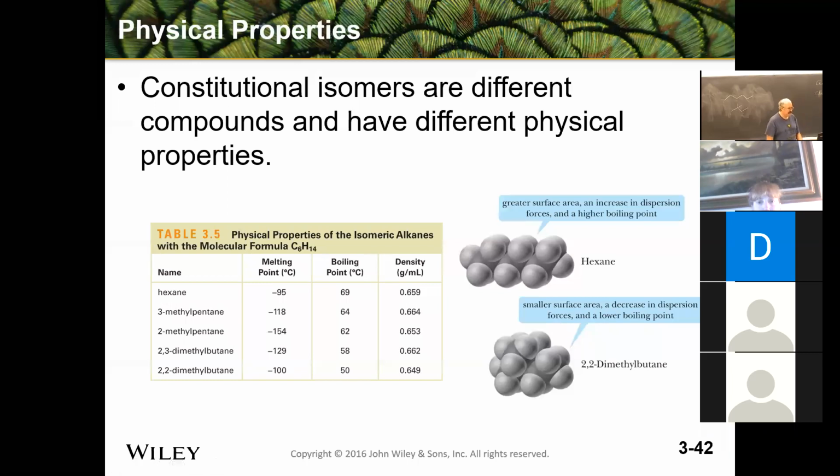With hexane, you have greater surface area in contact. So if we line up another hexane molecule like this, you have all this surface area that's in contact to induce temporary dipoles.